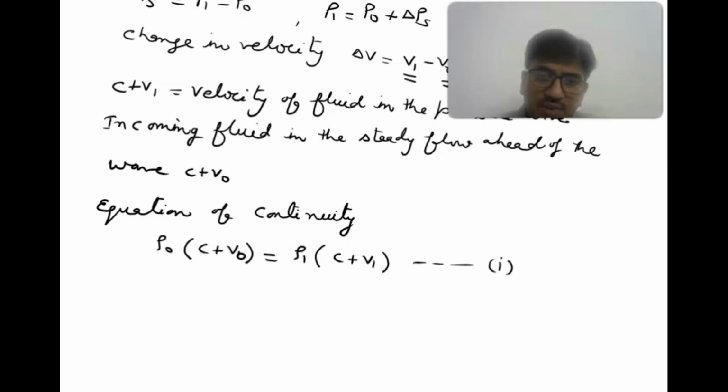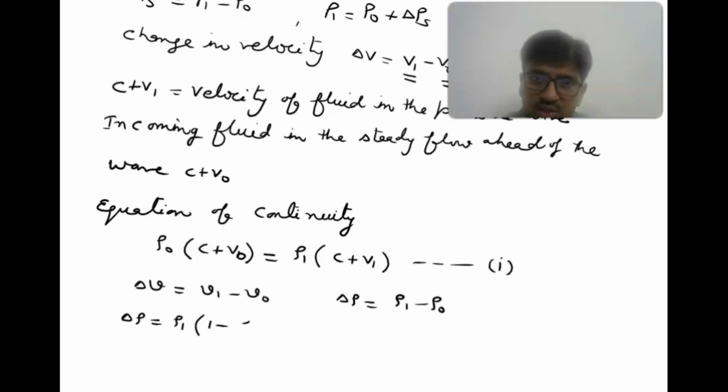We know that delta V is equal to V1 minus V naught, and delta rho should be rho 1 minus rho naught. If we solve it and take rho 1 common, delta rho equals rho 1 times 1 minus rho naught upon rho 1.